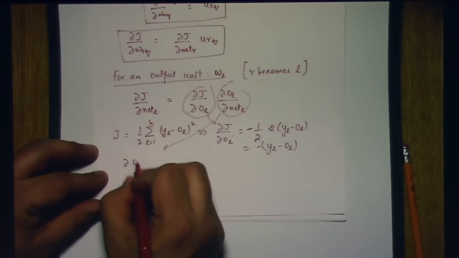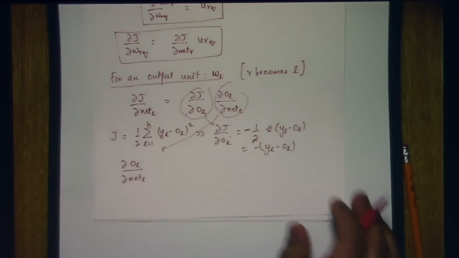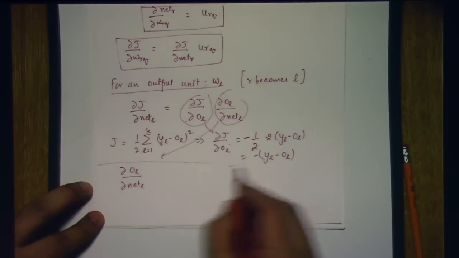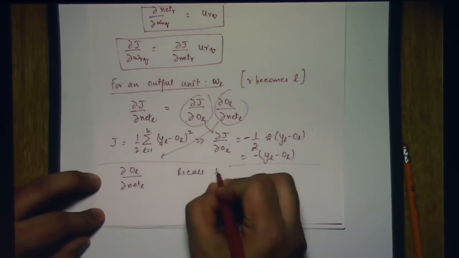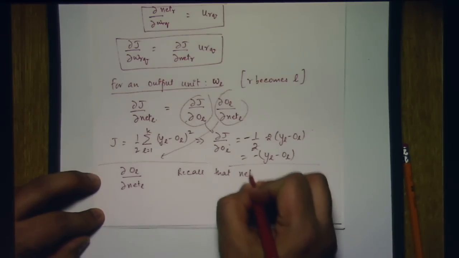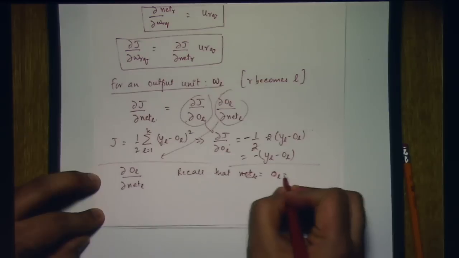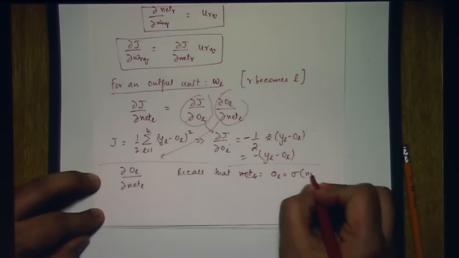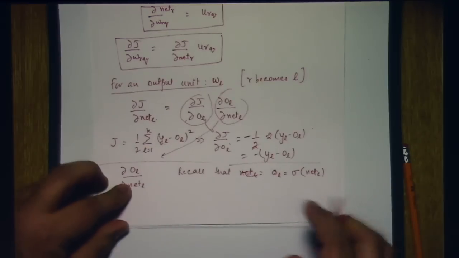So what is d O of L by d net of L, right? Remember that O of L is nothing but sigmoid of net of L, right? Because that's a sigmoid activation, right?